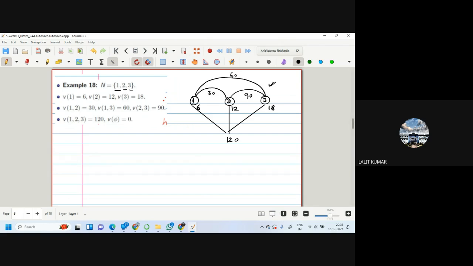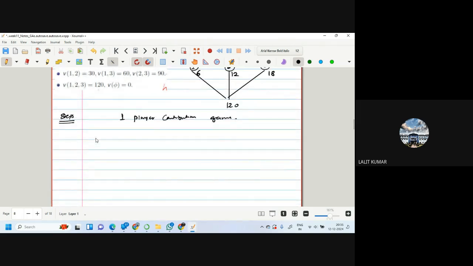Now, how do we make subgames? These are the steps, please listen carefully. First, we make one-player contribution games. Only player 1 is contributing, so his value is 6, and 2 and 3 contribute 0.